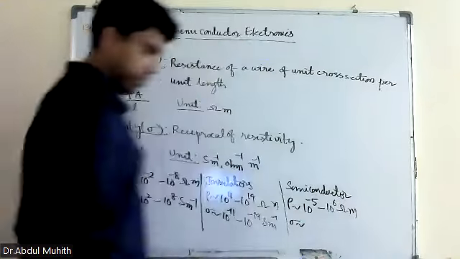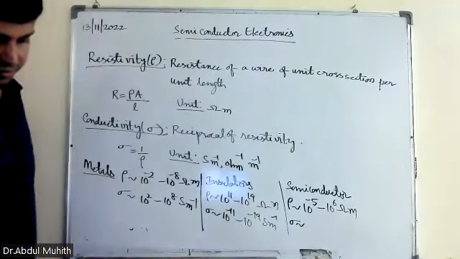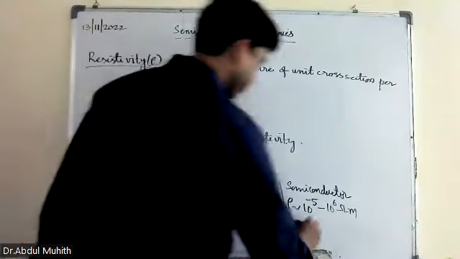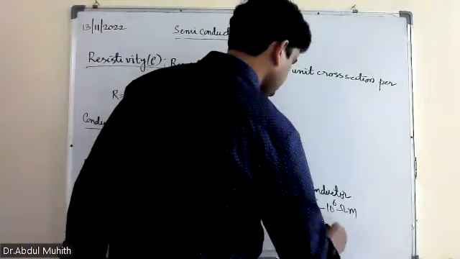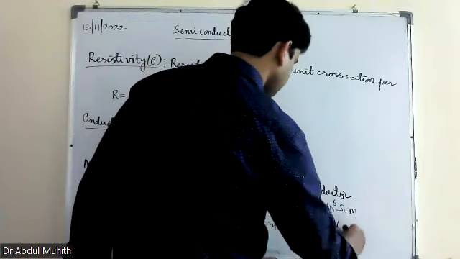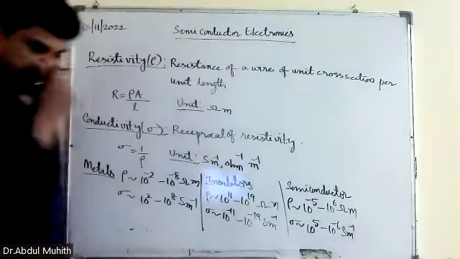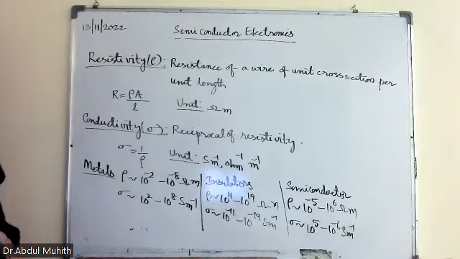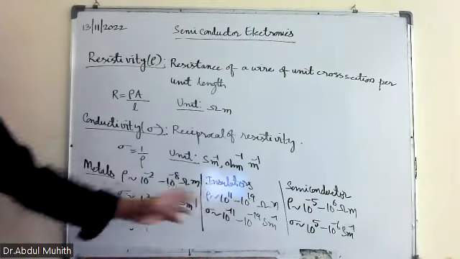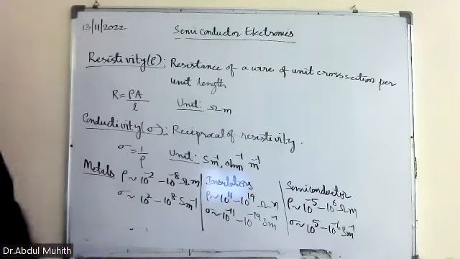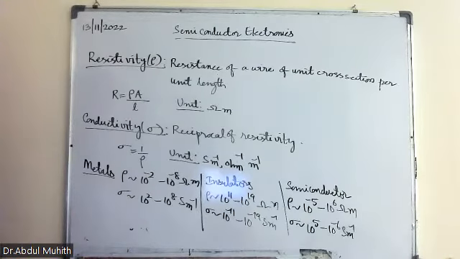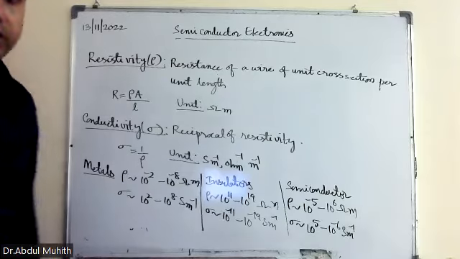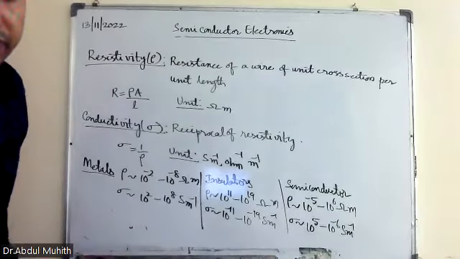And conductivity is 10 to the power of 5 to 10 to the power of minus 6 Siemens per meter. So these are the values. You can see semiconductor values are somewhere between insulators and conductors. Copy this, and we'll go ahead with core electrons and valence electrons.